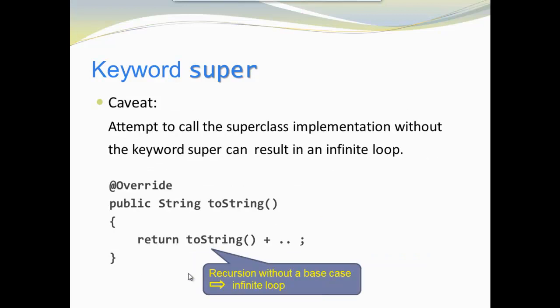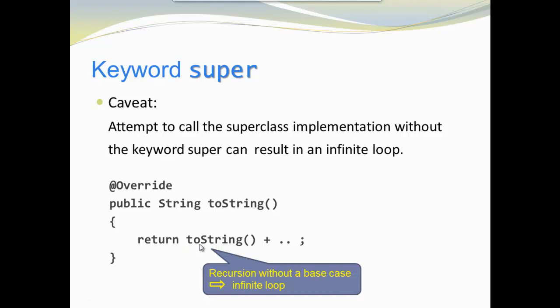When you attempt to call the superclass implementation without the keyword super, this can easily result in an infinite loop. So here, once again, you see the toString method with the keyword override. The problem here is that I'm calling toString without the super dot operator.